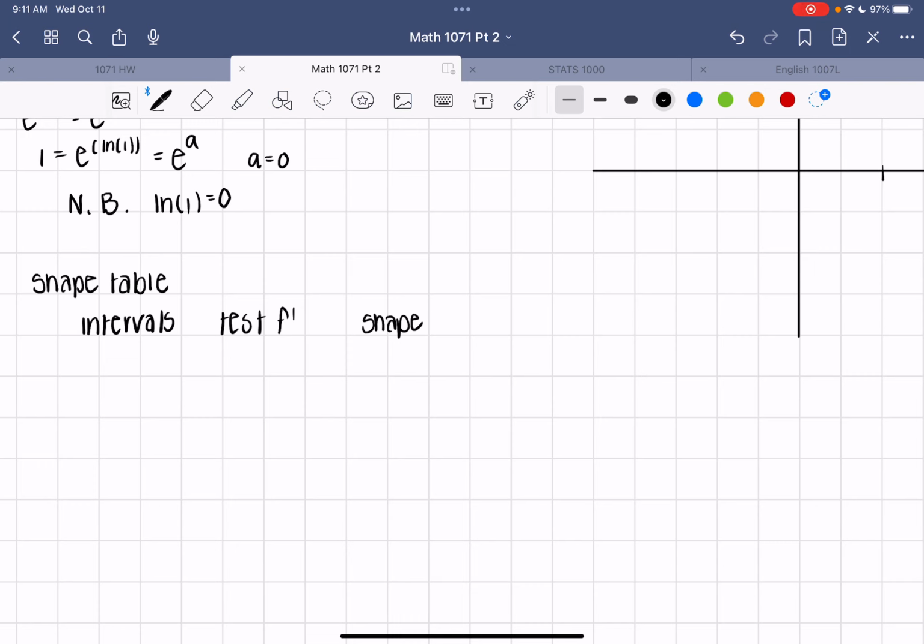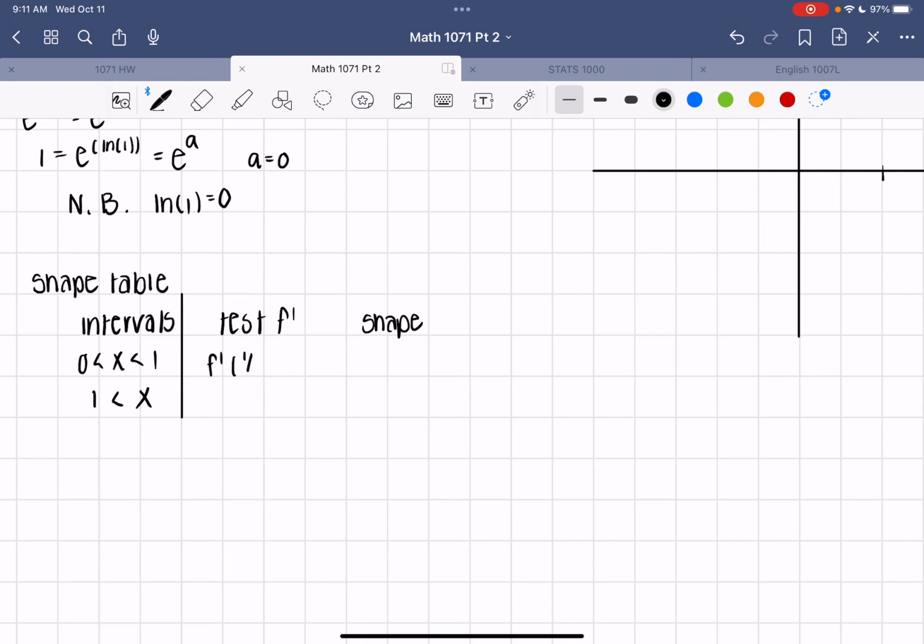So let's test a point, let's say f prime of a half. So that is 1 minus 1 over a half, but that is 1 minus 2. The point is that it's negative, so the shape is decreasing. Let's try f prime of 2.